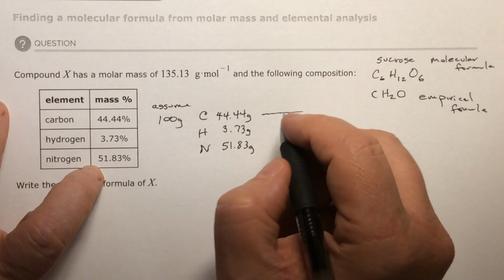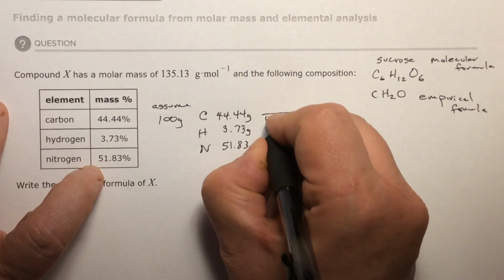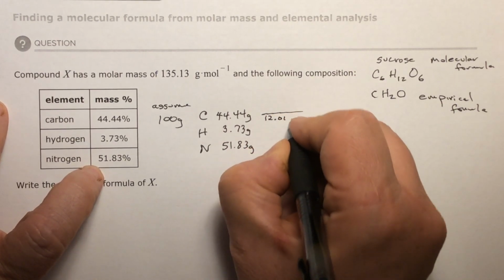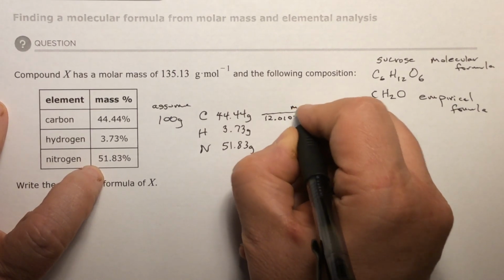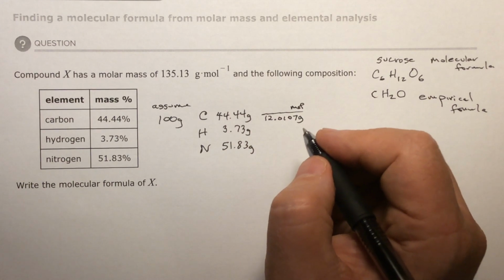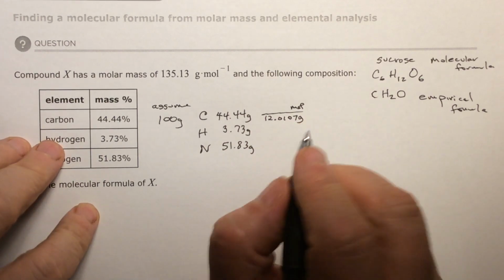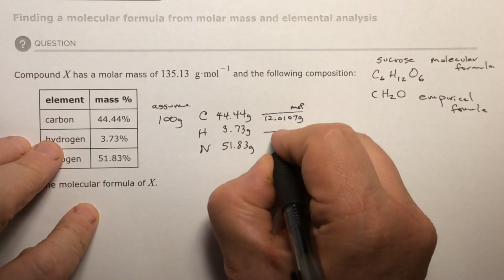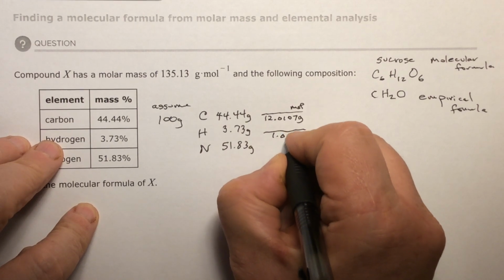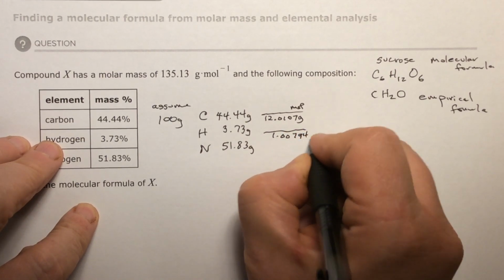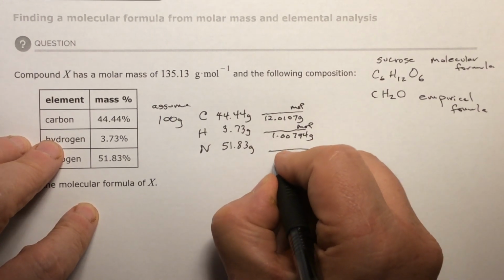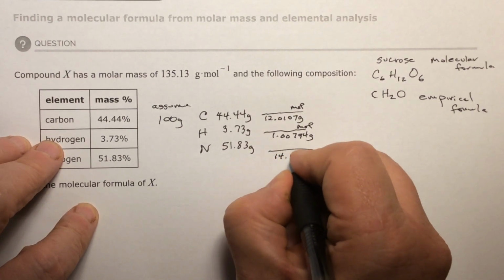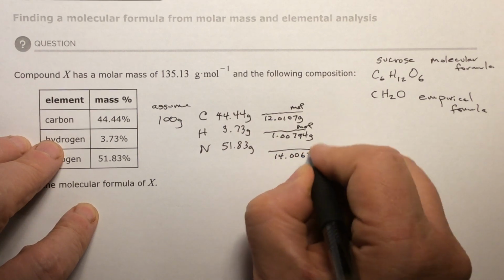So carbon is 12.0107 grams per mole. Hydrogen is 1.00794 grams per mole, and nitrogen is 14.0067 grams per mole.